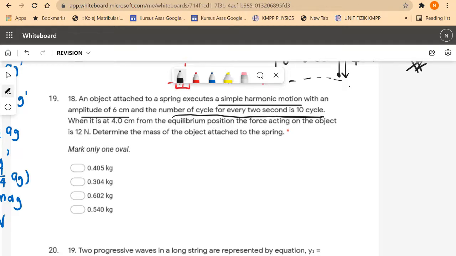From this statement, we can determine frequency. Frequency is the number of cycles that can be made in 1 second. So frequency equals 10 cycles over 2 seconds, so frequency equals 5 Hz.